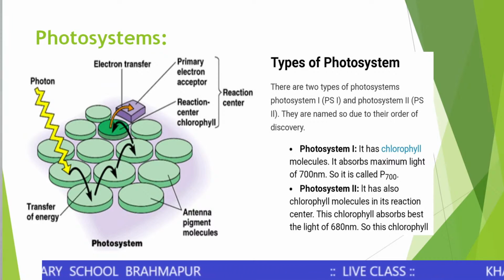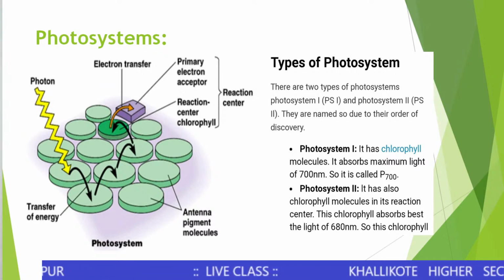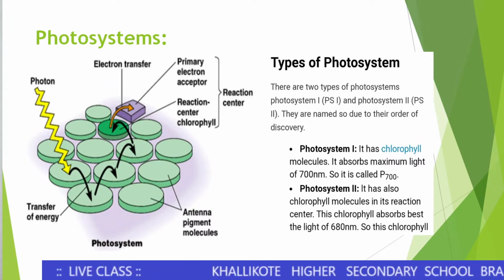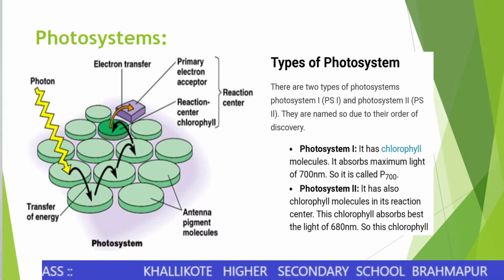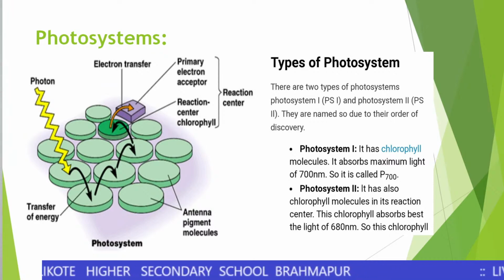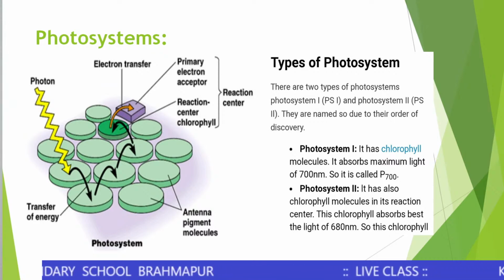So this reaction center molecule of photosystem 1 is called the P700 molecule, and this photosystem 1 remains associated with iron sulfur compounds and other electron acceptors.